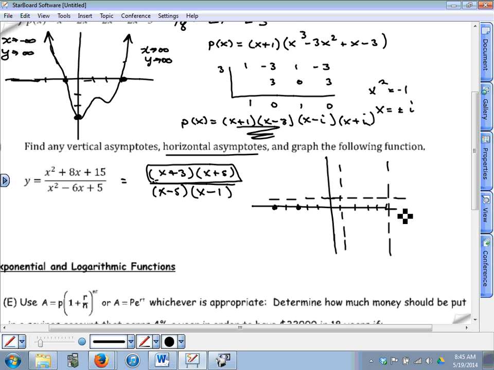It's a little odd. Now what do we do? So what about this? There's no x-intercepts here. It has to be up here like that. Do you guys understand that? There are no x-intercepts over here.